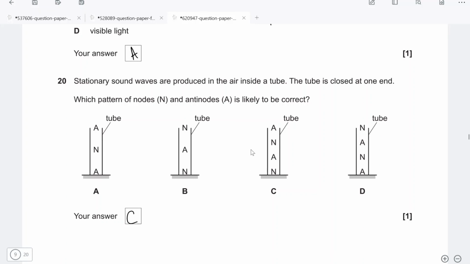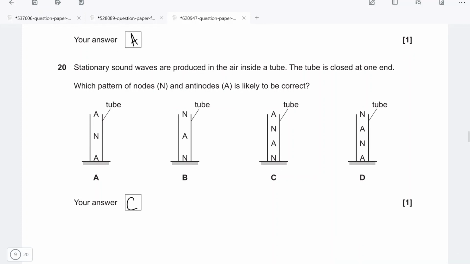These conditions are very general for musical instruments and stationary waves in tubes: once again, the open end has to have an antinode and the closed end has to have a node. The only one meeting those conditions is C.